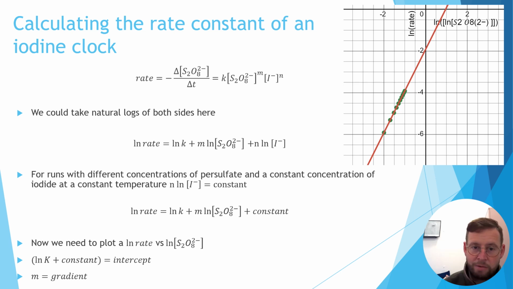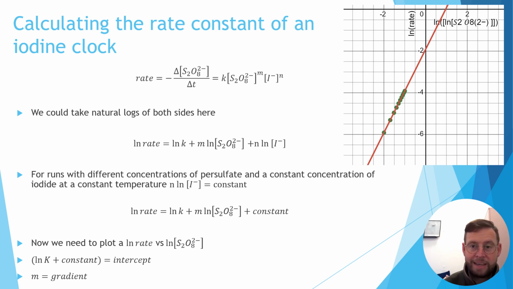It's worthwhile remembering that ln k, the natural log of the constant, plus the constant which is to do with the iodide, is all a constant in this, and so it will just come out as the intercept of the log-log graph. But the thing we're trying to get, and why we do this, is we're trying to find m, which is the order of the reaction with respect to the concentration of the persulfate.